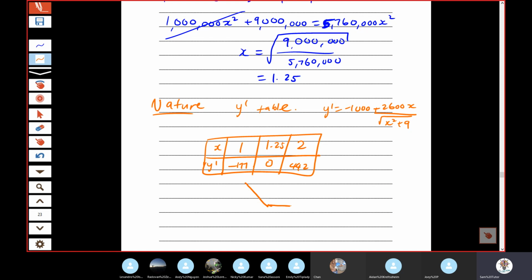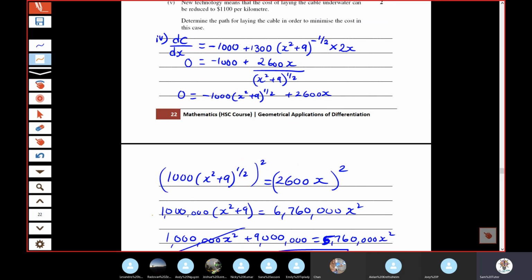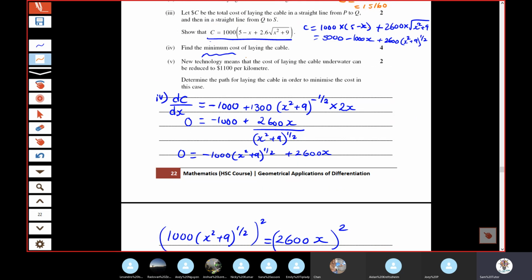What does that mean? Negative, 0, positive. It's a minimum. As you should be, because if you go to max, you've done something wrong. The question will tell you if it's a min or max. Done. Again, what do we do just before we finish it off? After the stationary point nature, go back, reread the question. It says find the minimum cost.